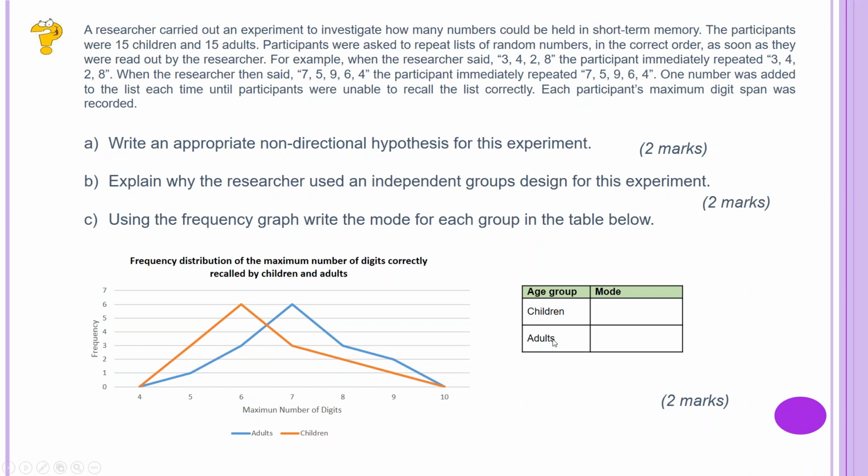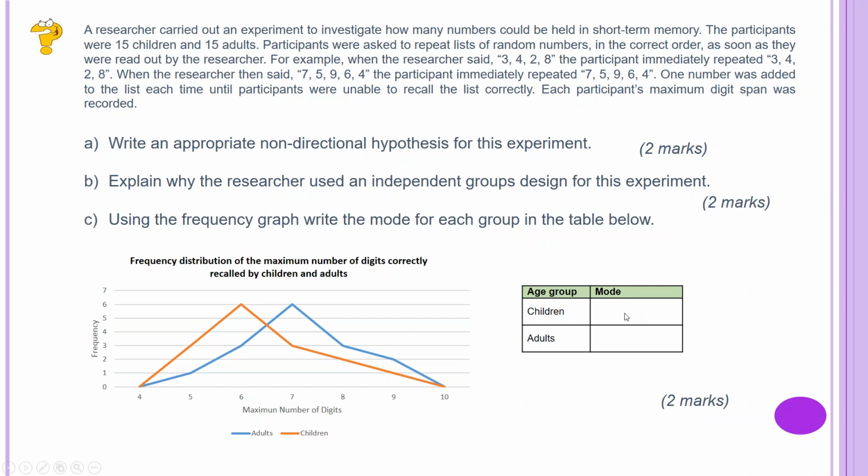Part C. Using the frequency graph, write the mode of each group in the table below. So this is one of your mathematical requirement questions. Mode is the most frequently occurring number. So if we look for children, this is the orange line, and it reaches its peak at 6.